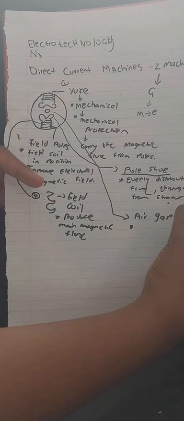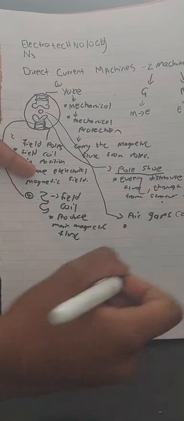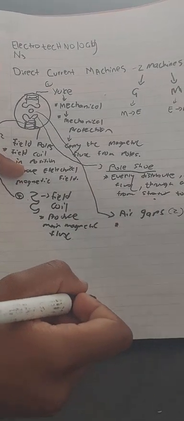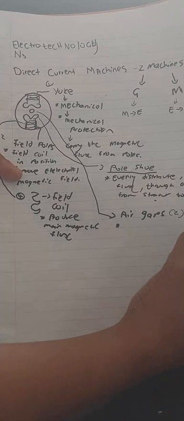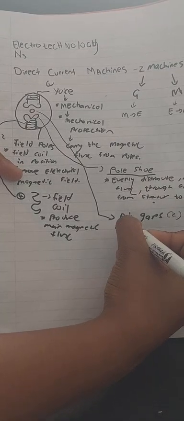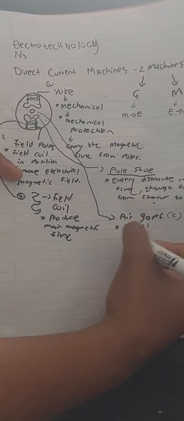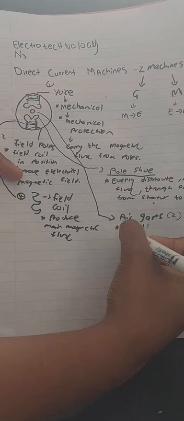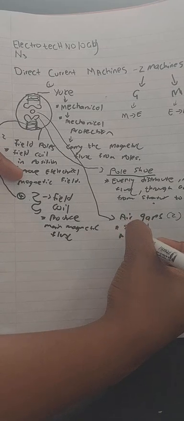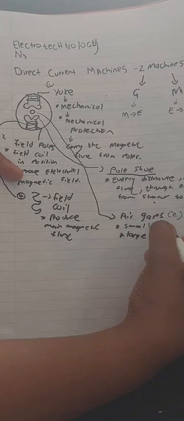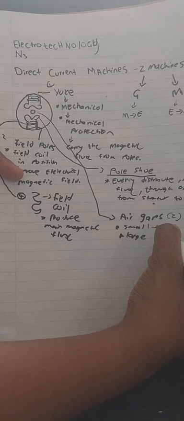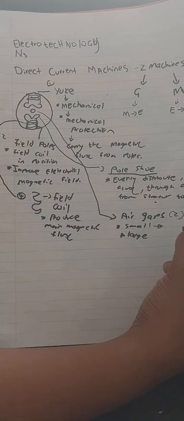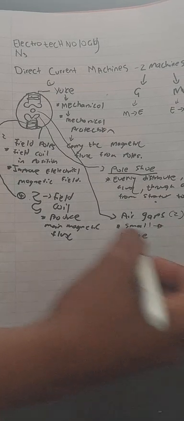We have 2 air gaps. The first one is a small air gap, and the second one is a large air gap.